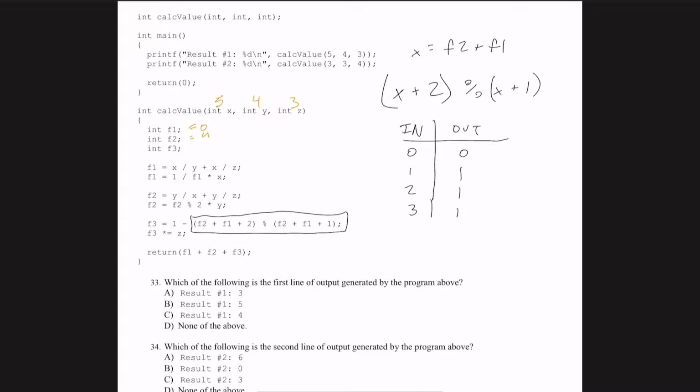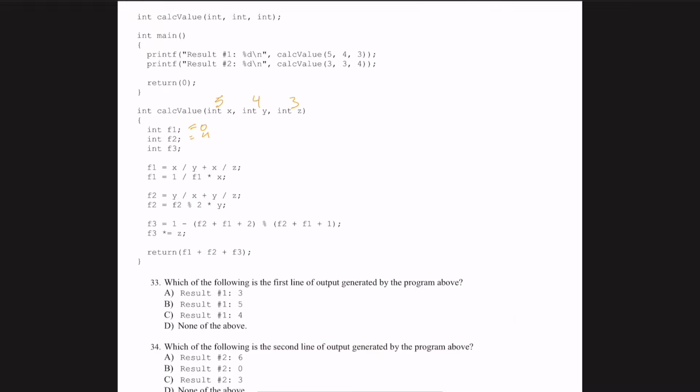So how do we rewrite this line? Well, I'm going to create a simpler, more English input-output table. If our x, which is f1 plus f2, is 0, then f3 is equal to 1 minus 0, or 1.